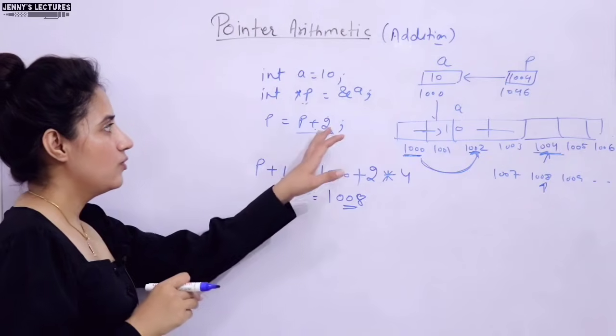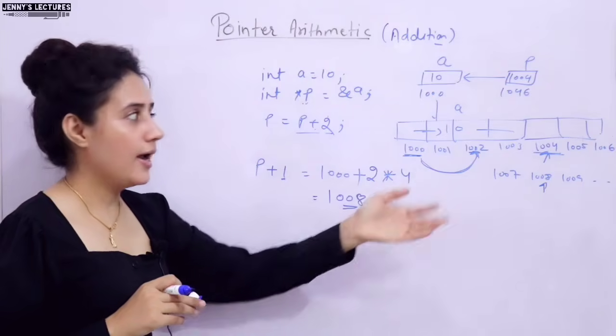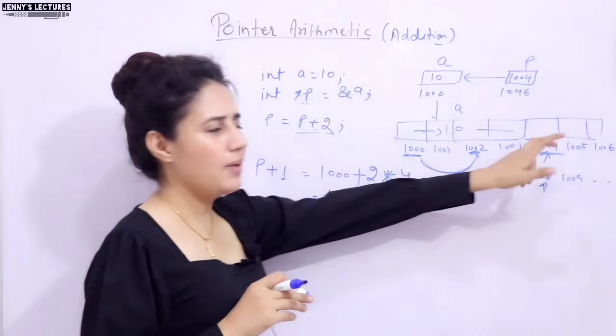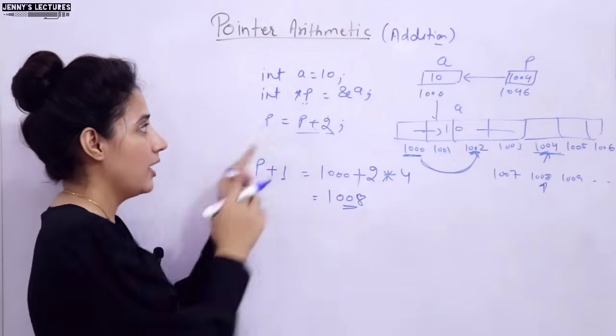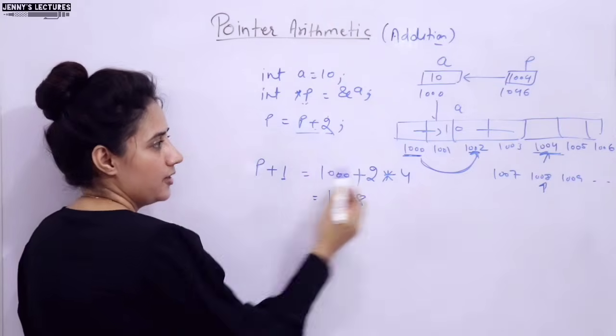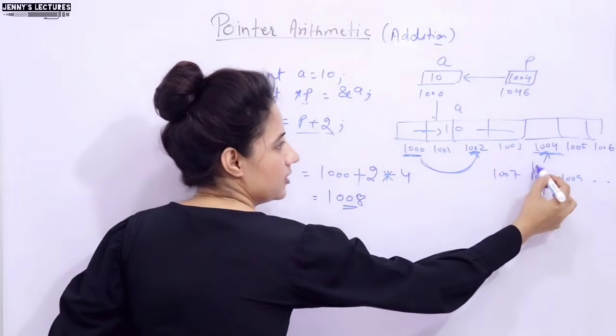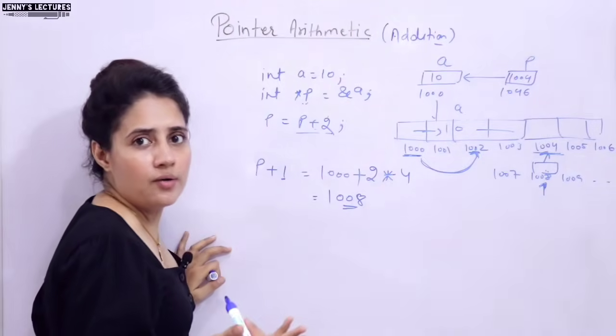So there is no use of adding an integer value like this, because we are taking only a single variable, and here we don't have anything. Maybe we have something, we don't know what is there in this memory. And if you want to print now at p, after adding 2, now the pointer is pointing to 1008, this memory location. At this memory location what we have? We don't know.